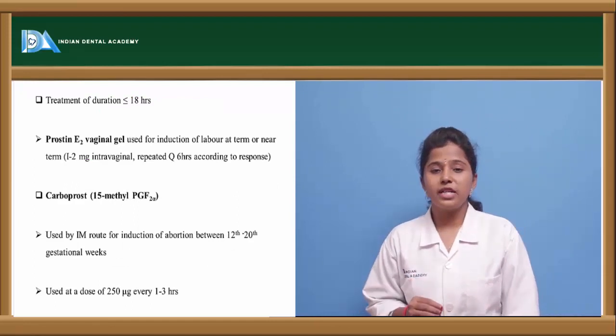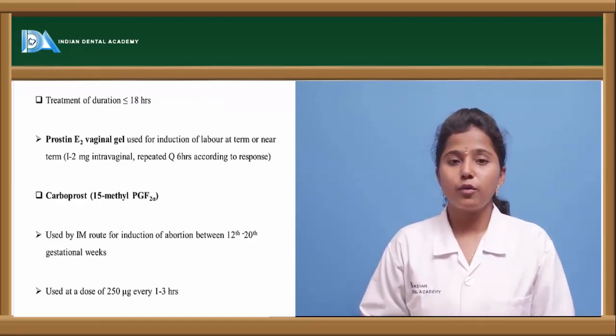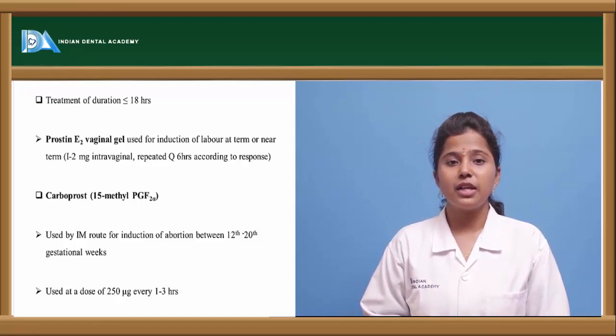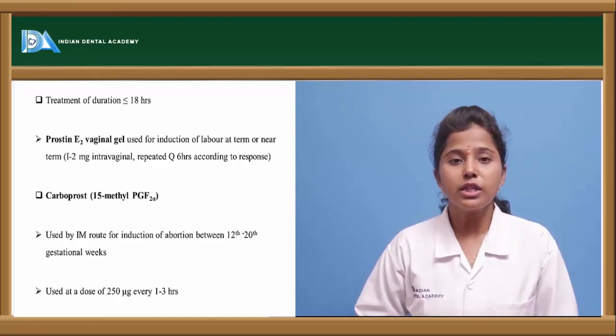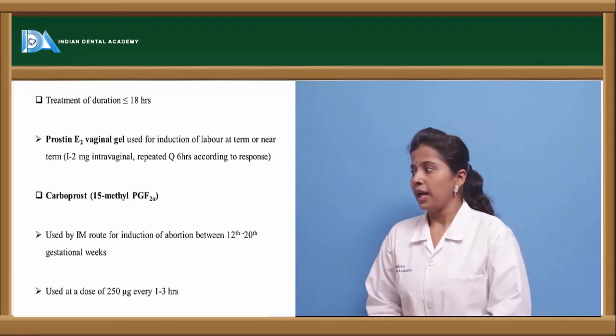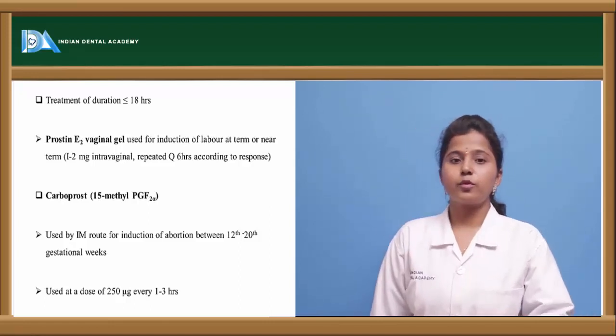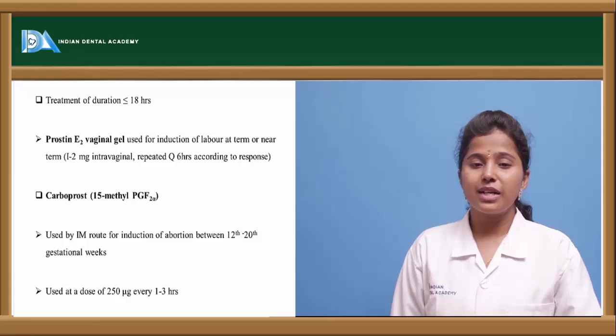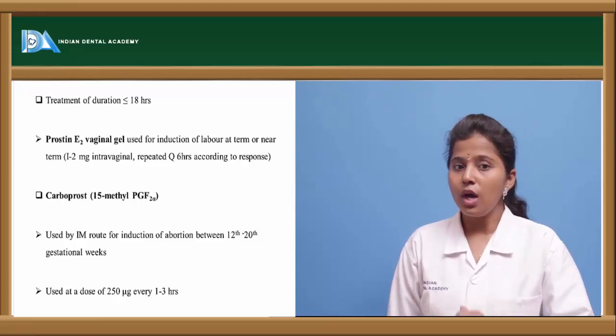The action of these prostaglandins, that is Prostin or dinoprostone, is observed especially within 18 hours. The onset of action is observed by 18 hours. There are other types of Prostin also; oral tablets as well as a vaginal gel of Prostin are marketed.